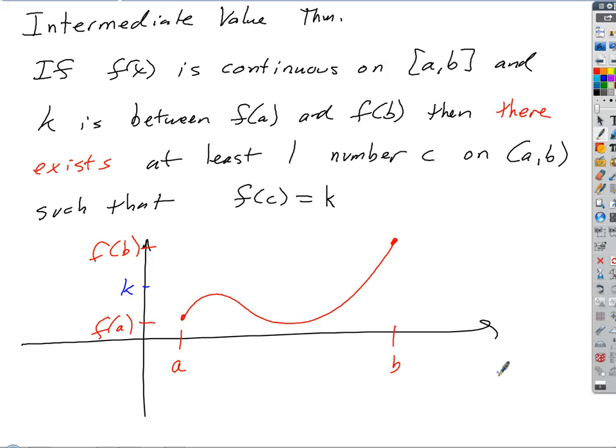So K is between f of A and f of B. Then there must exist at least one number C on the open interval from A to B, so not including the endpoints, such that f of C equals K. Maybe we can illustrate this by just drawing the horizontal line y equals K. So where's the point in this case?